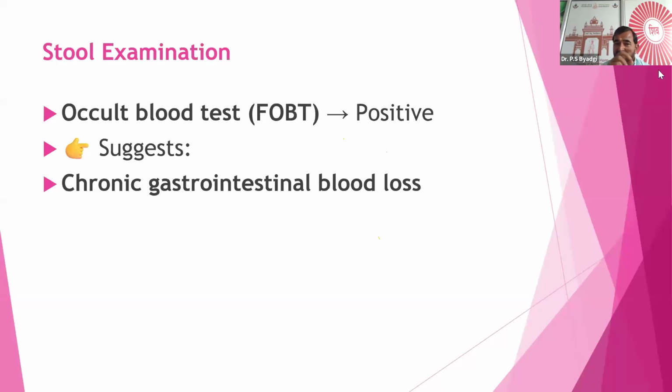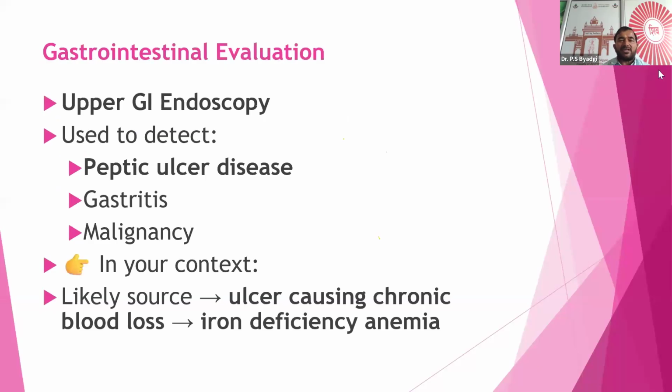That means gradual blood loss was taking place through the gastrointestinal tract. The upper GI endoscopy was also done in this patient, which indicated gastric peptic ulcer disease. In other patients, we may get gastritis or malignant conditions.